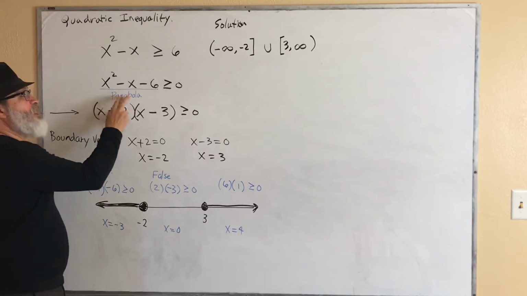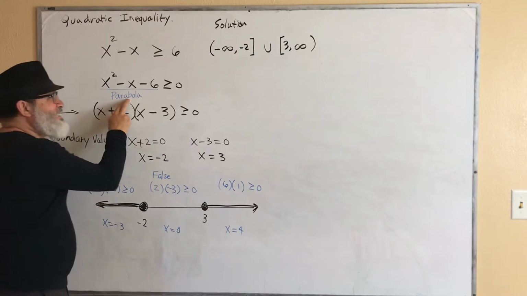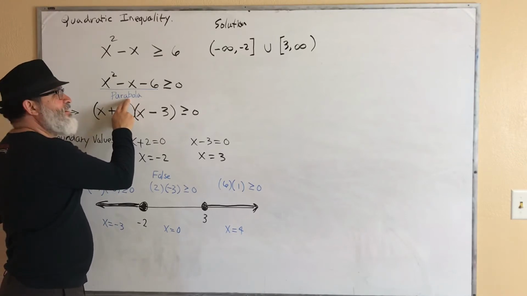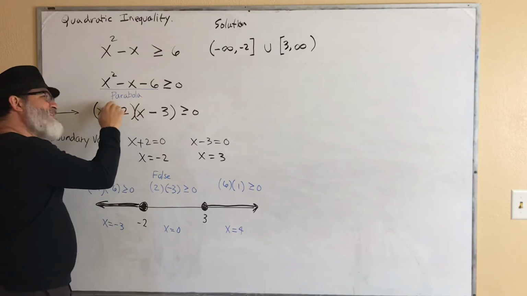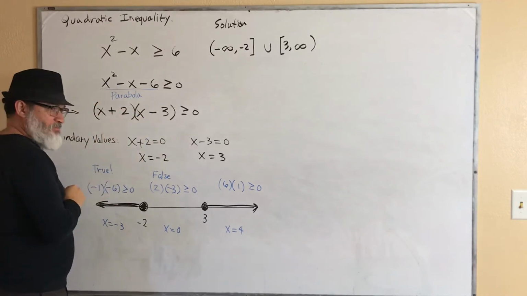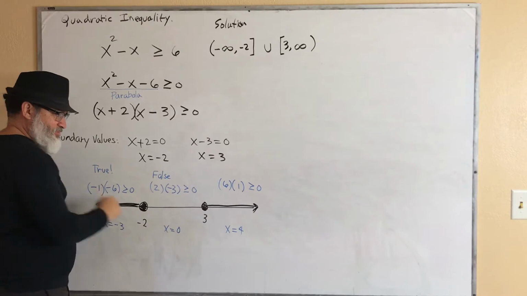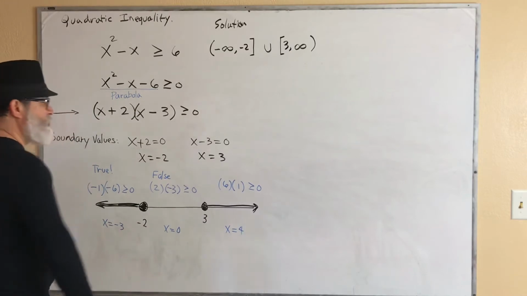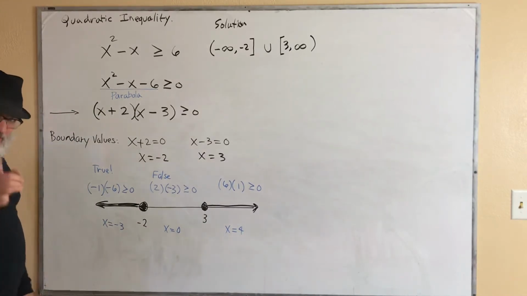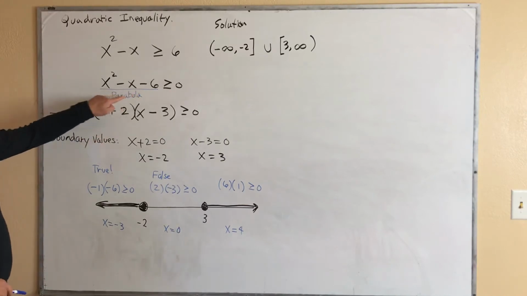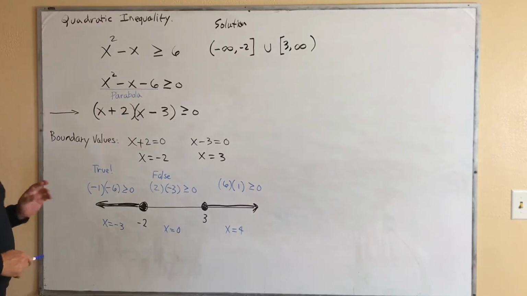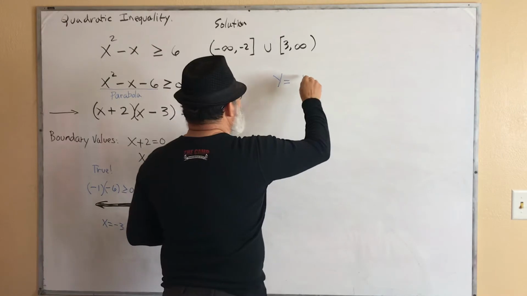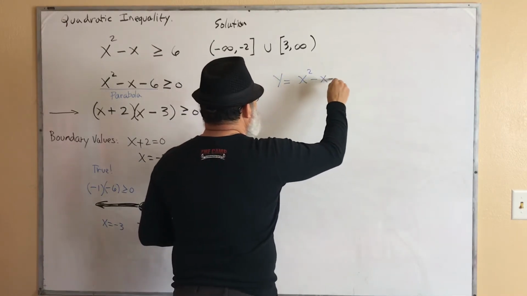So we're saying that this parabola is above the x-axis, from 3 to the right and negative 2 to the left. Let me show you. I'm going to call this parabola y. So y equals x squared minus x minus 6.